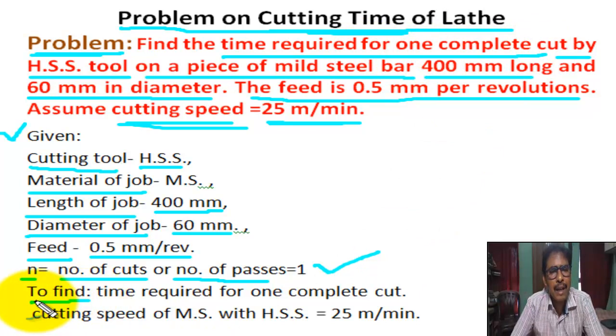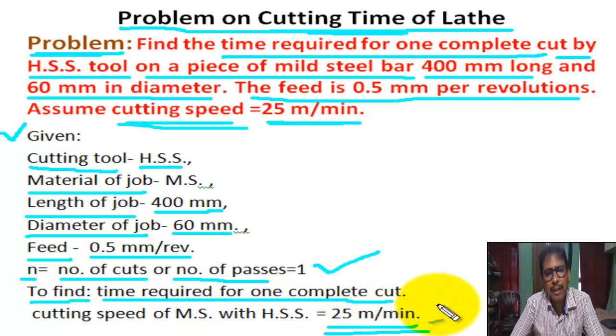To find: time required for 1 complete cut. Given cutting speed of MS with HSS tool is 25 meter per minute.